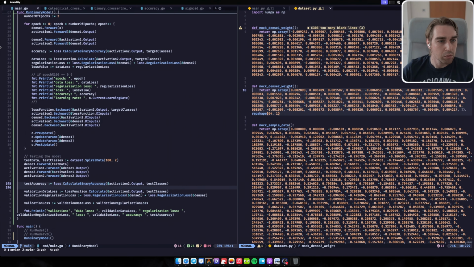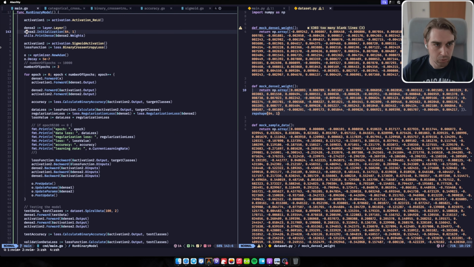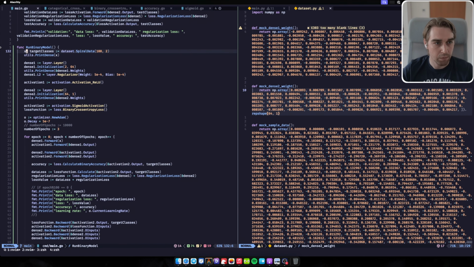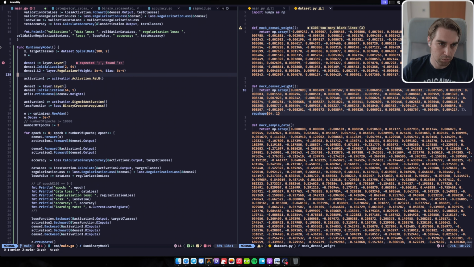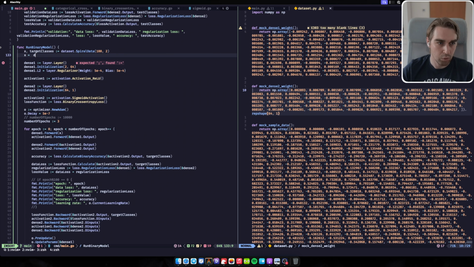So what I'm going to do next, what I need to do, I need to change three things. First, I need to remove this. Right. First, I'm going to overwrite mock spiral data. Why cannot use?